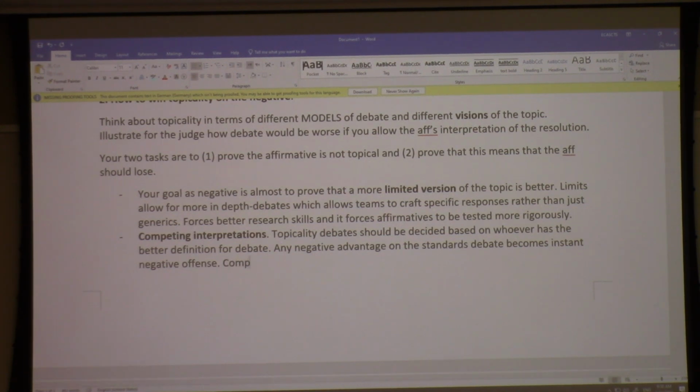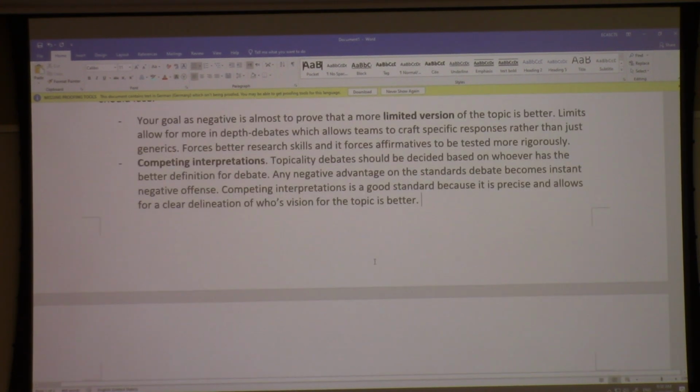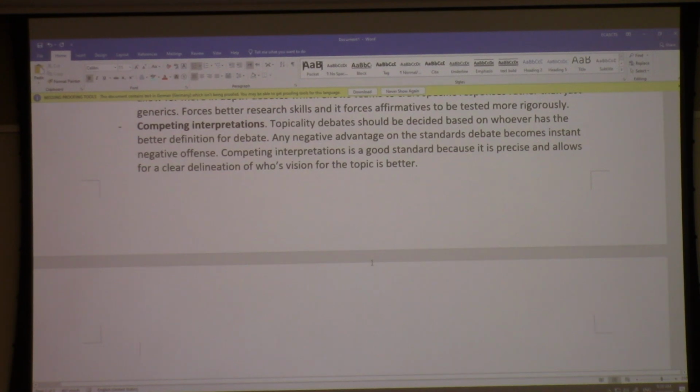So competing interpretations is a good standard to use because it is precise and allows for a clear delineation of who is winning the debate, whose vision is better. So competing interpretations allows the negative to be very clear about the standards level of debate. It makes it easy for the judge to determine who is winning.